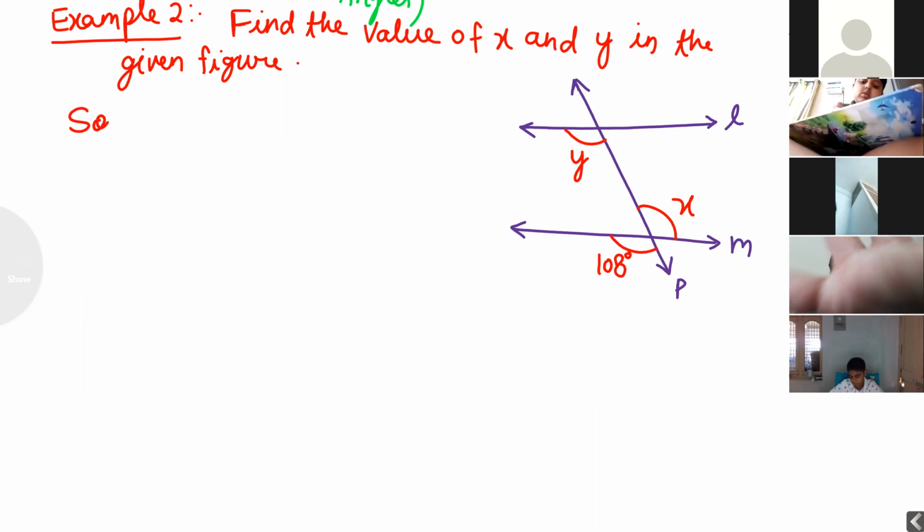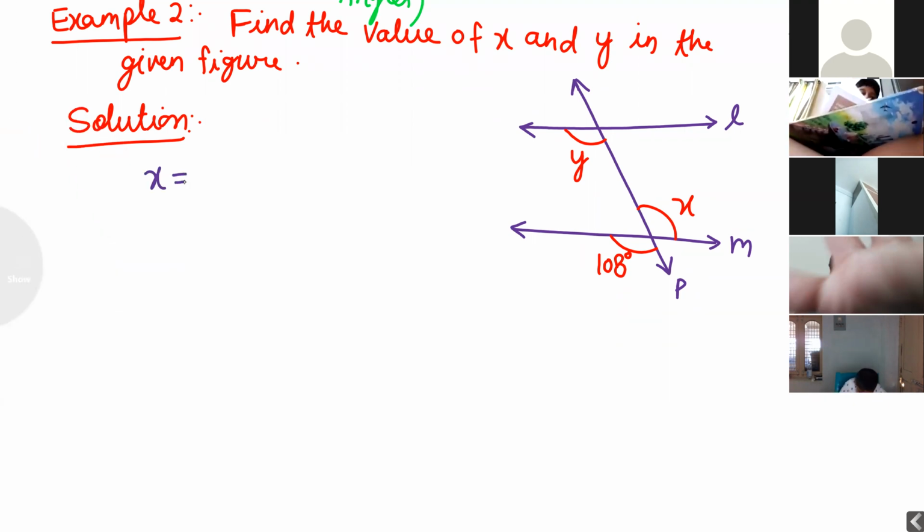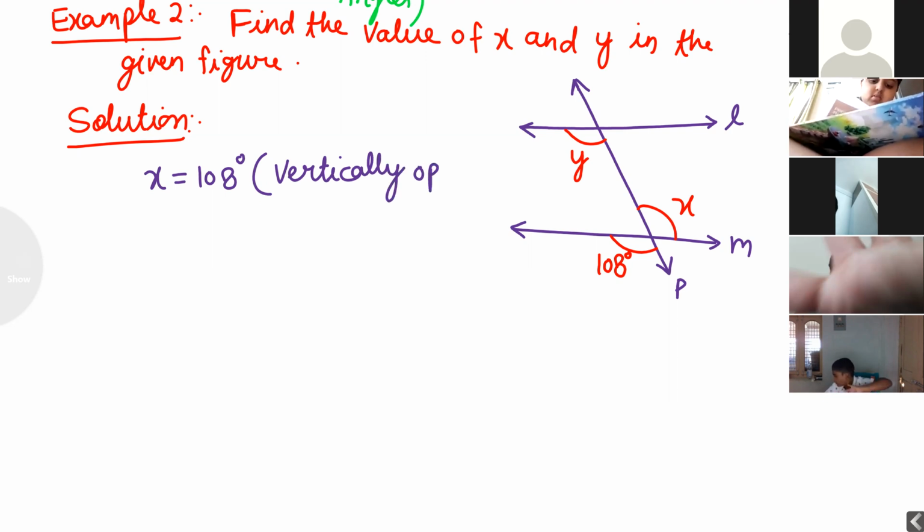Solution: x is equal to 108 degree. Why? Because x is opposite to 108, and 108 is opposite to x. Vertically opposite angles.